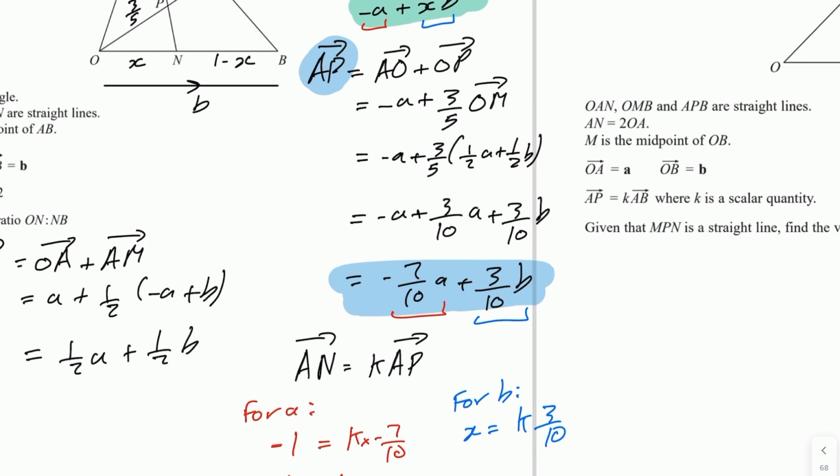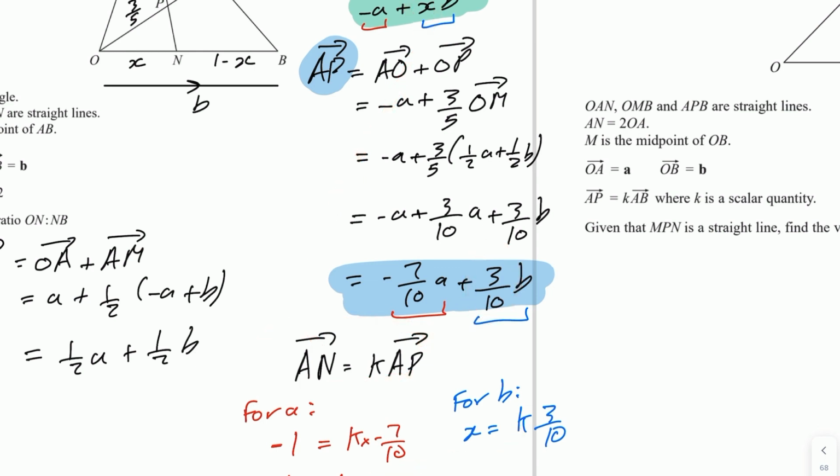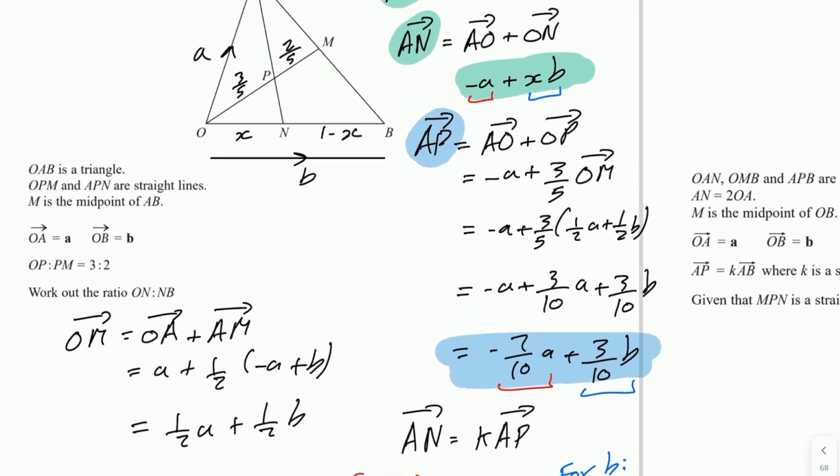The k, remember, we are referring back to this equation here. So what I've just said is, the AN is going to give me the x for b, and for the AP, I'm going to get the 3/10. And we already know what k is, so if we substitute that in, we end up with x is equal to 10/7 times 3/10, which gives us 3/7. So we've just found essentially what x is as a fraction.